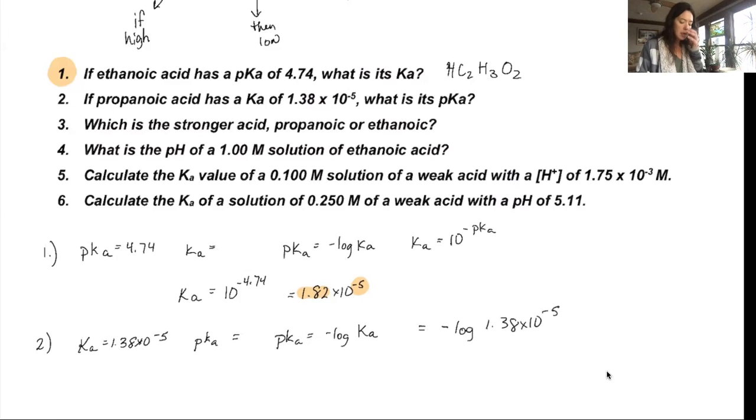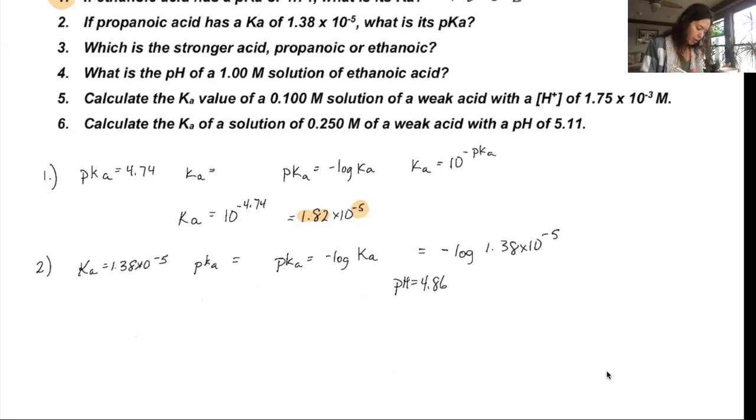Make your prediction: less than 5. Around 5, but less, right? Okay, so about 4.8, right? So let's get that. Oh, got it right here. 4.86. pKa equals 4.86. I had done all these problems a few years ago, so I just have my answers right here. So I don't have to use my calculator.